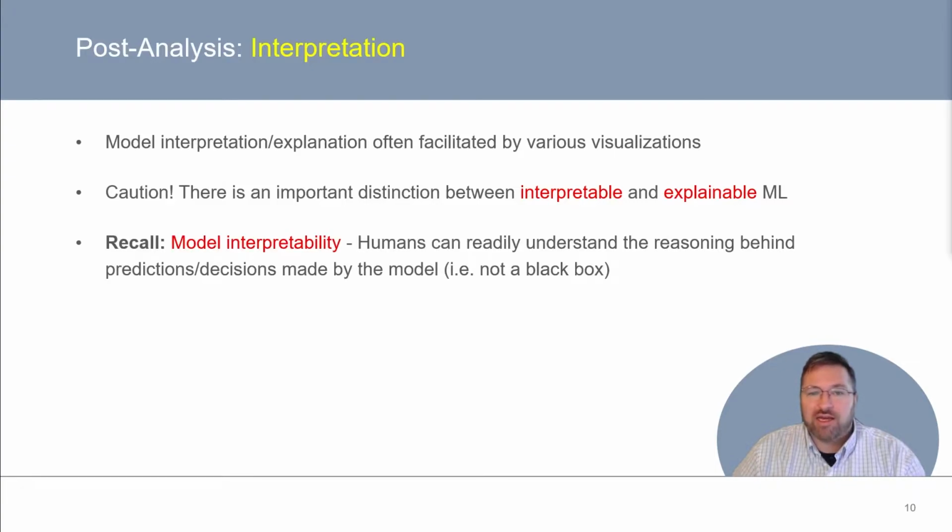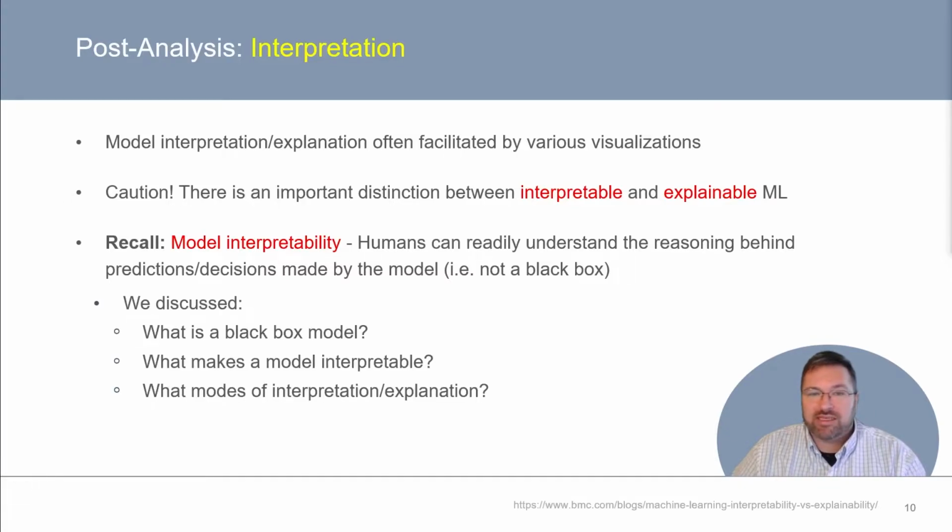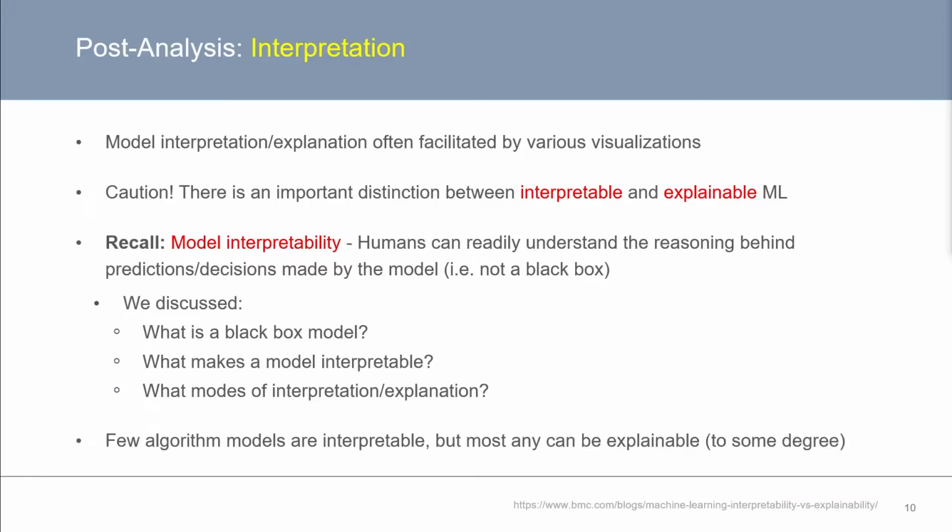Recall that we defined model interpretability as the situation where a human can readily understand the reasoning behind predictions or decisions made by a model. In other words, it's the opposite of a black box. We had previously discussed what a black box is, what makes a model interpretable, and what are some different modes of interpreting or explaining models. Again, while few algorithms can produce truly interpretable models, most any can be explainable, at least to some degree.